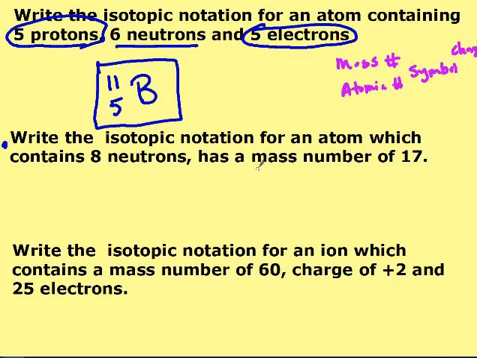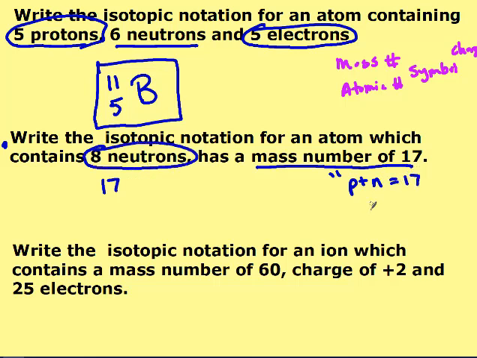So for this one, they gave you the mass number, so we know the top number must be 17. But that's all they gave you, so you have to remember that mass number is equal to protons plus neutrons. And we know that that number is 17. They also gave you the neutrons, so protons plus 8 is equal to 17.